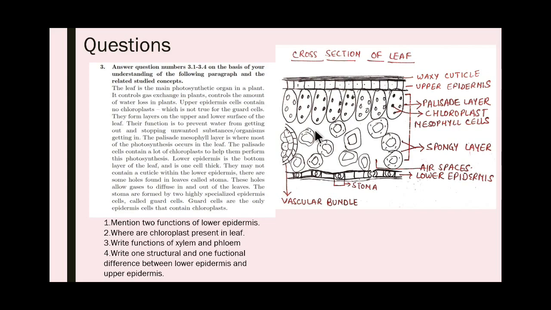So this will be the structural difference. And the functional one: the upper epidermis provides protection and allows the light to come to the mesophyll cells, and the lower epidermis allows exchange of gas and transpiration. I hope this is clear to you.